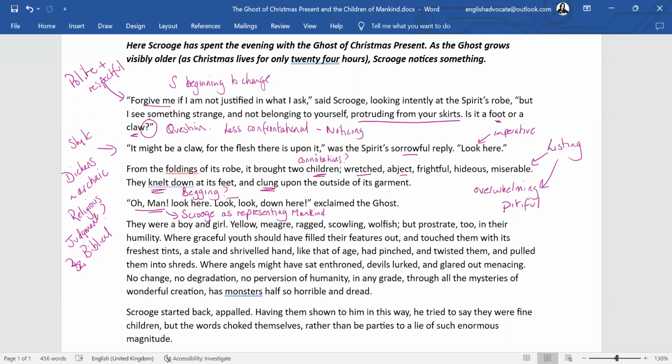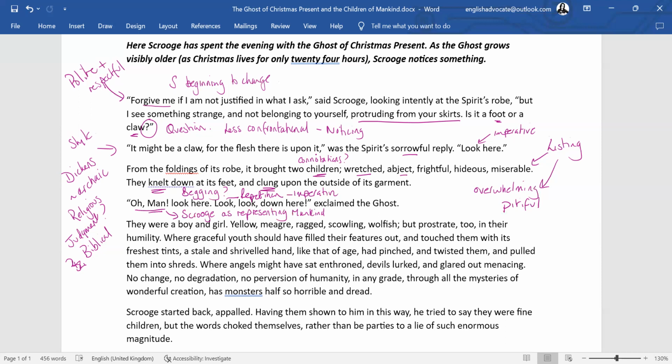And we get this repetition of this command, this imperative, look, because Scrooge is beginning to see, both literally and metaphorically, for the first time, what the consequences of his actions are being.